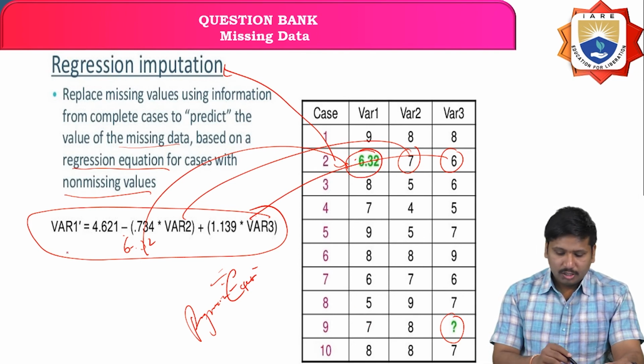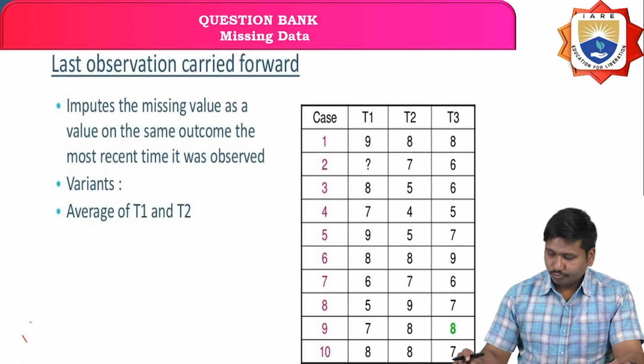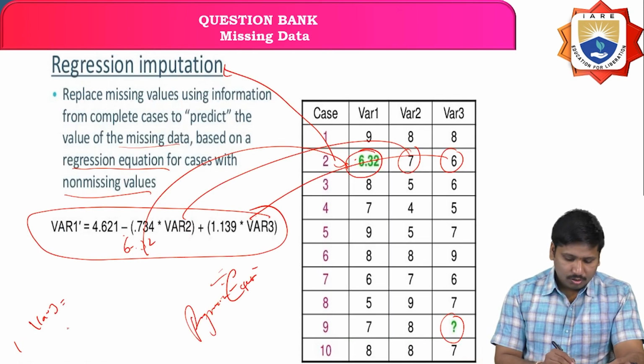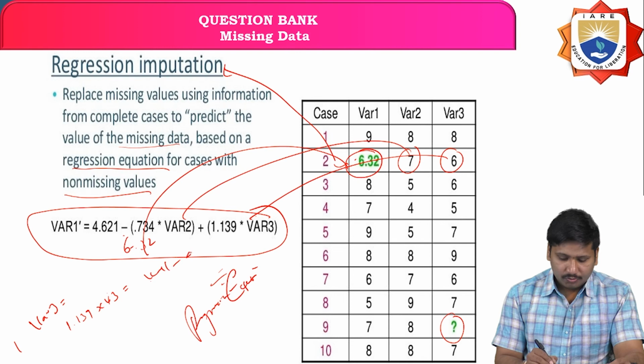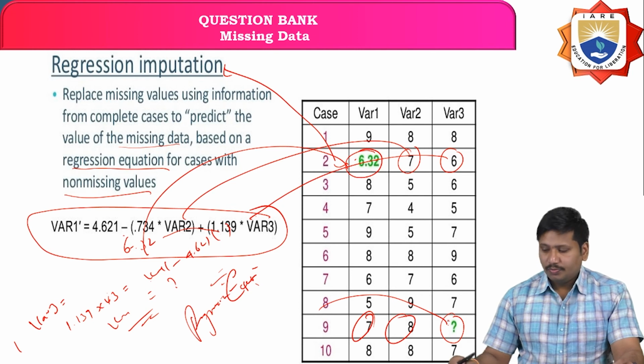Variable 3: 1.139 into variable 3 is equal to variable 1 minus 4.621, and then the product of this. Like this I find variable 3, substitute the values of variable 1 and 2, and then I get the missing value.